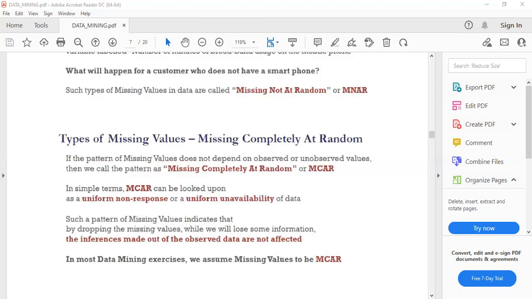So there is another concept, that is MAR, missing at random. This is slightly different from missing completely at random. What is the difference? If the probability of being missing is the same only within the groups defined by the observed data, then the data are missing at random. Missing at random is a much broader class than MCAR.